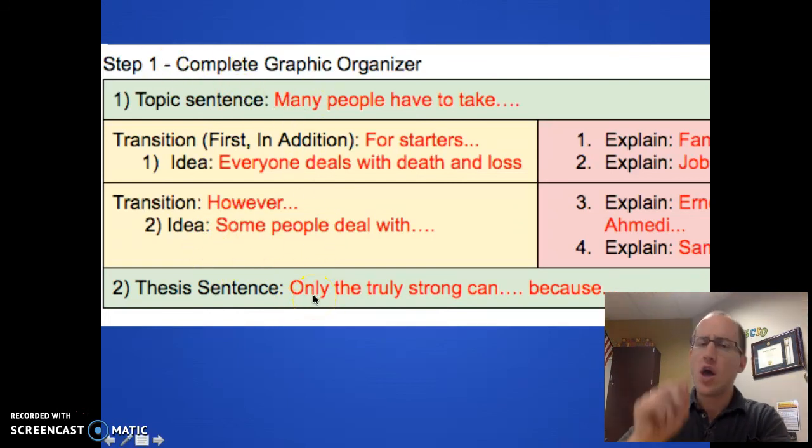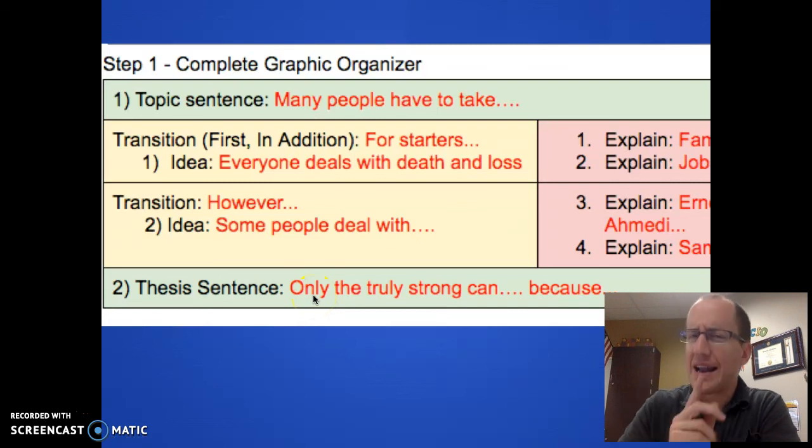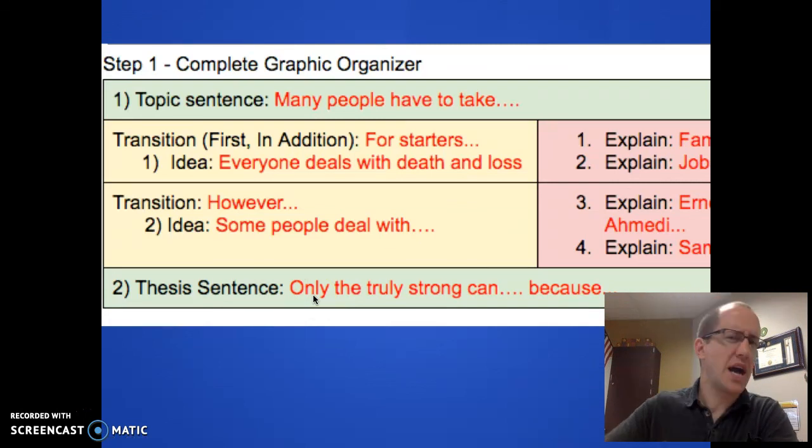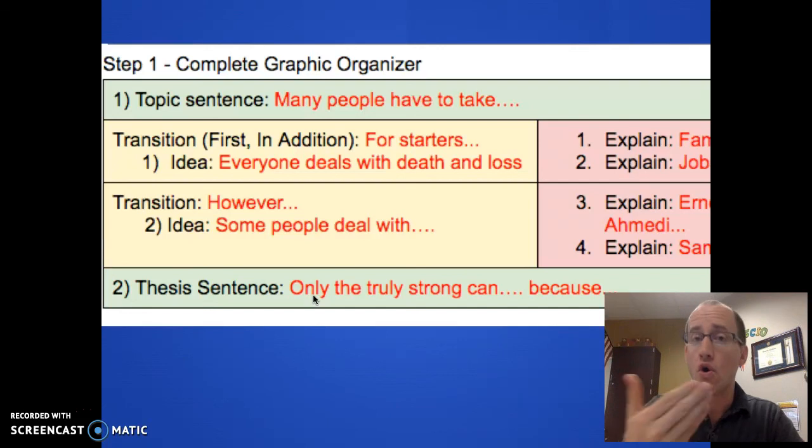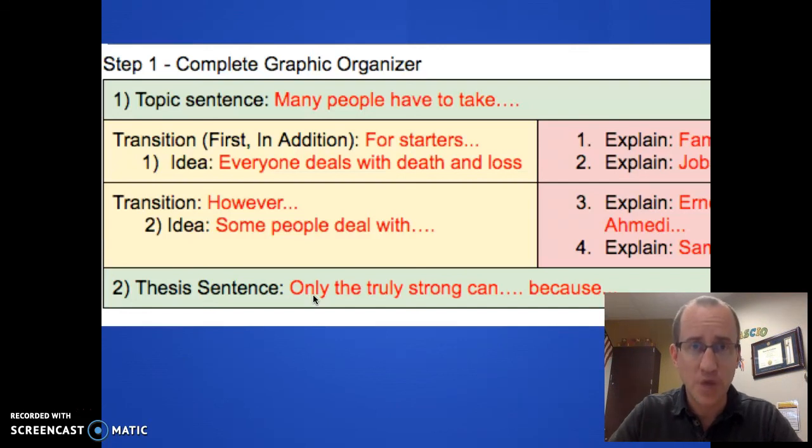Mine might be, only the truly strong can actually complete difficult missions because blah, blah, blah, or whatever your thesis statement is. So go ahead and do that. By now, you would have fully outlined your whole introductory paragraph, step by step, if you took the time to stop the video and actually write.